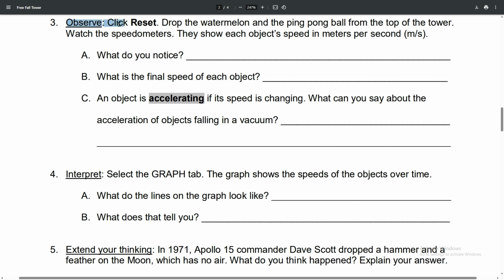Click observation. Click reset. Drop the watermelon and the ping pong ball from the top of the tower. Watch the speedometers. They show each of the object's speed in meters per second. What did you notice?